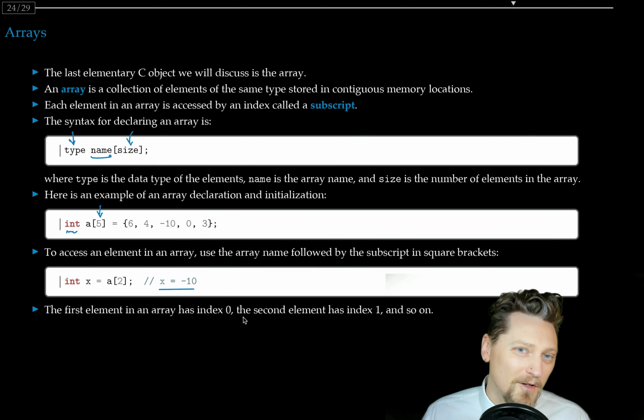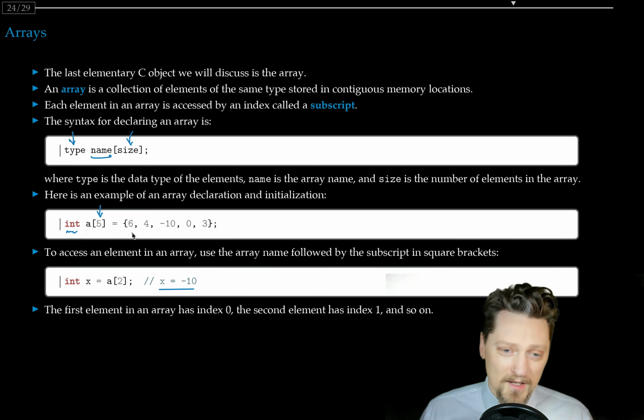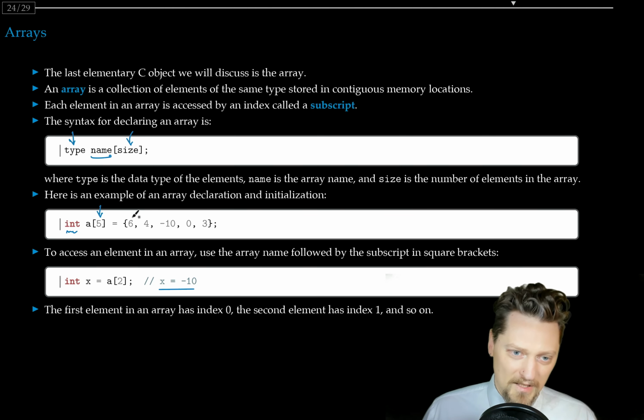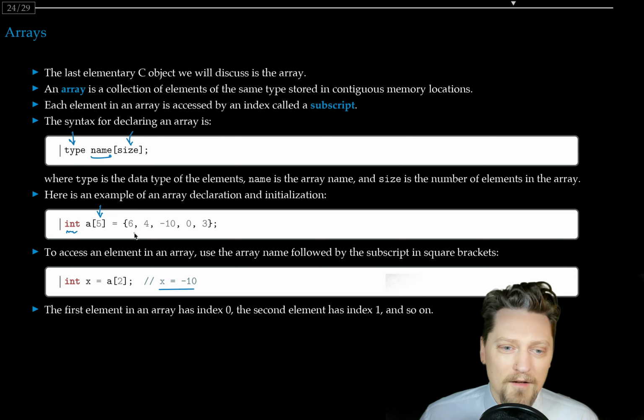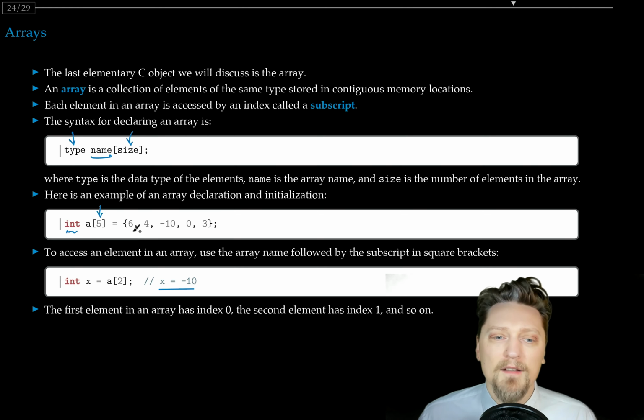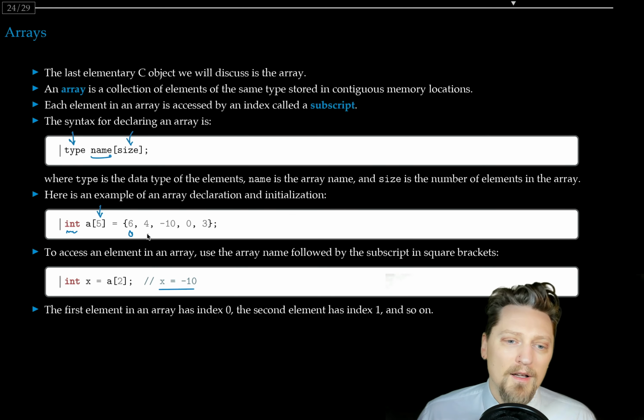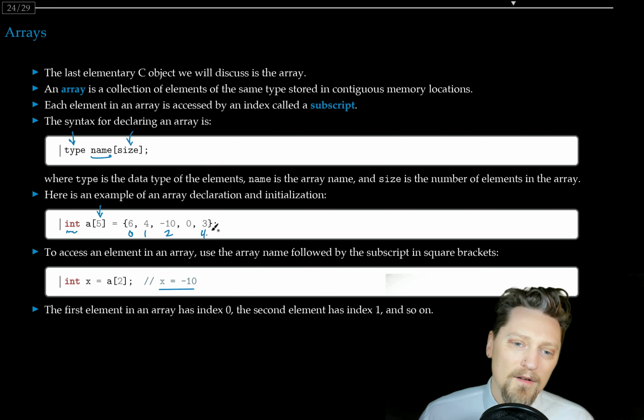So we say that the C programming language is 0 indexed, meaning that the index of the first element of an array is 0, then 1, then 2. So to get the first element, you have to call the 0th index. To get the last element, you have to call whatever the size is, 5 minus 1, so the 4 index.